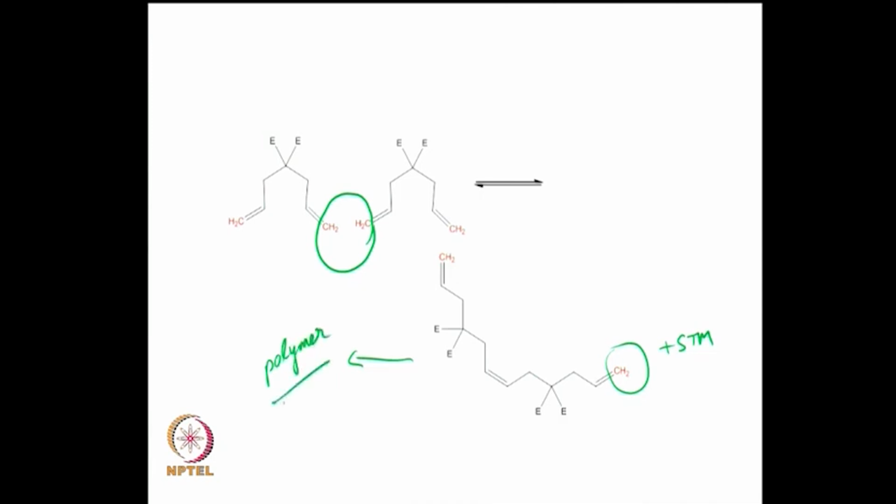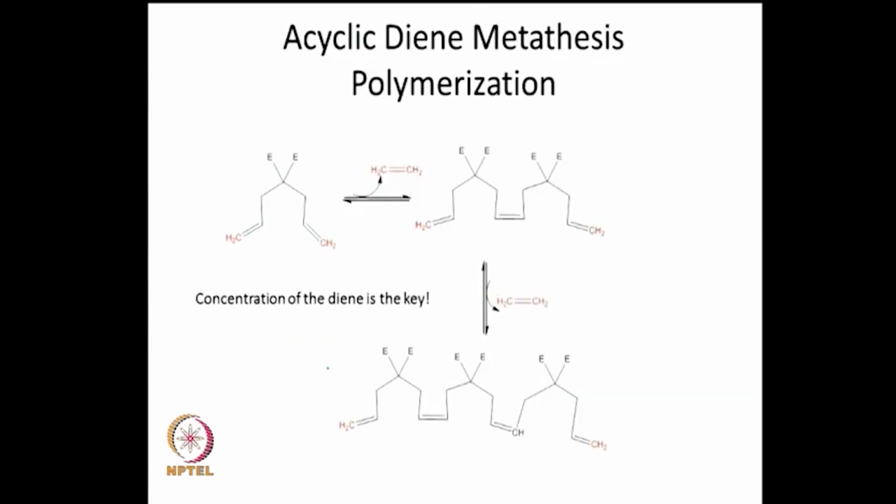So, this is a polymerization reaction which is executed through metathesis, and in each step ethylene is eliminated, and because ethylene is a volatile molecule that can be quickly removed from the reaction mixture, you can have a very efficient way of polymerizing a diene. So, this is called acyclic diene metathesis polymerization.